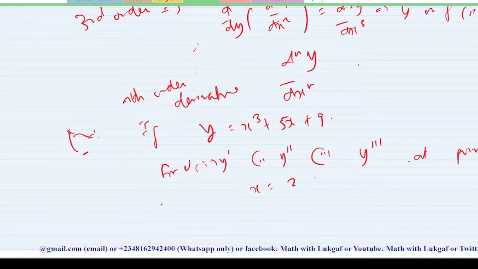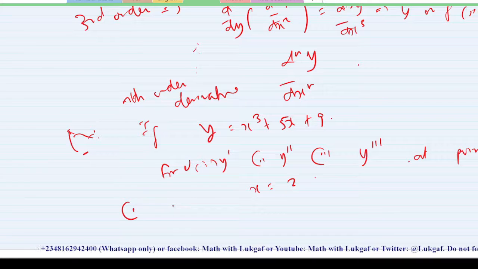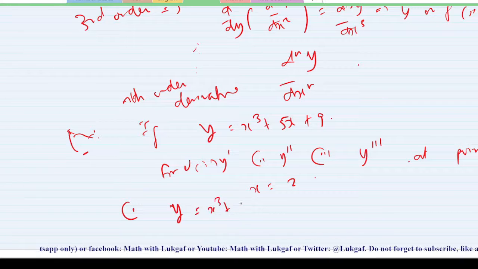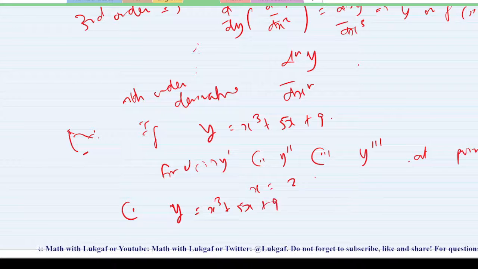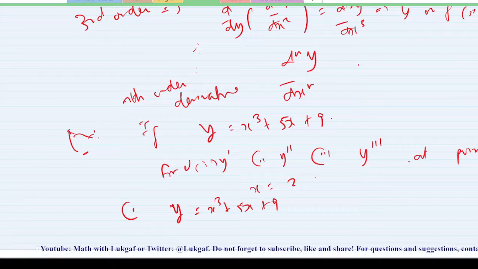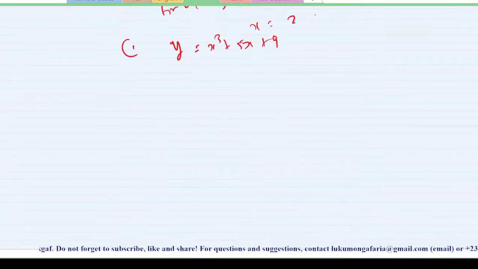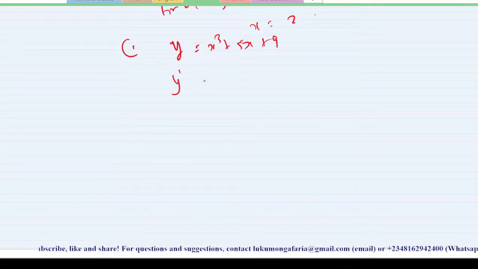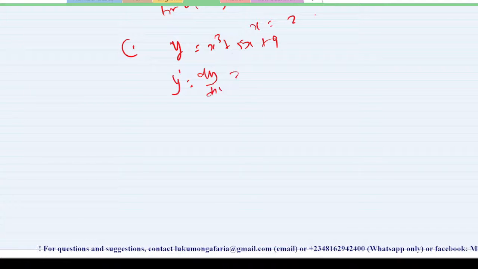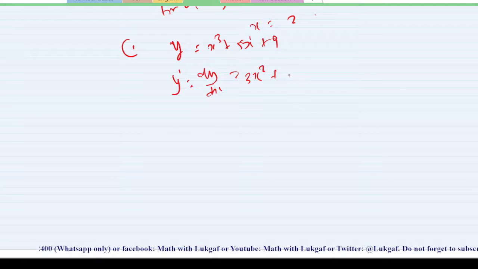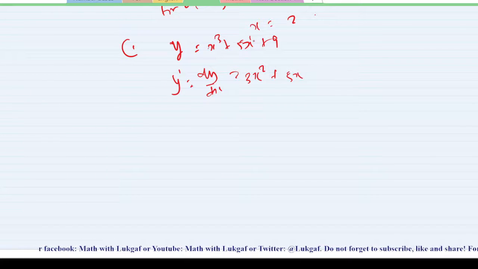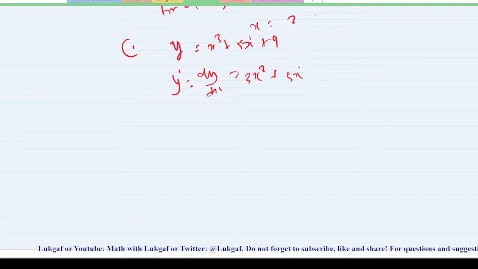For example number 1, I have y is equal to x cube plus 5x plus 9. Don't forget, y prime means we have to differentiate it once, that is the first order derivative. Then your y prime is going to be 3 multiplied by x, that's 3x, subtract 1 from the index to have the new index, then plus 5x, subtract 1 from it to give the new index, that's 0.